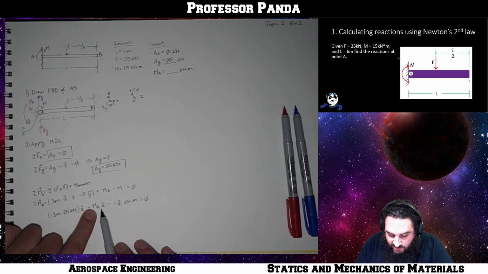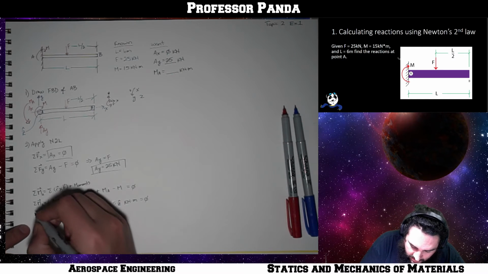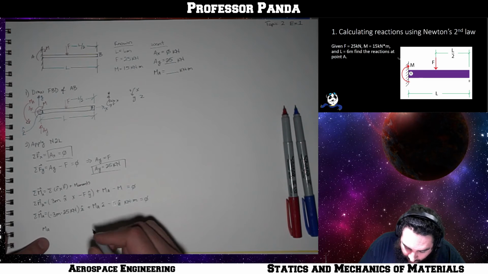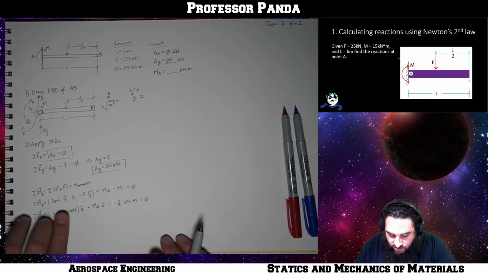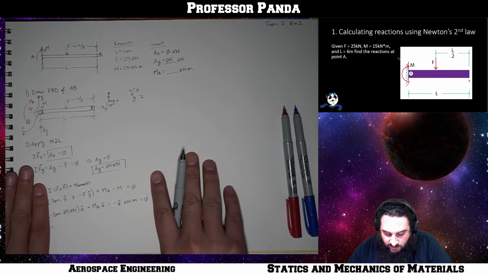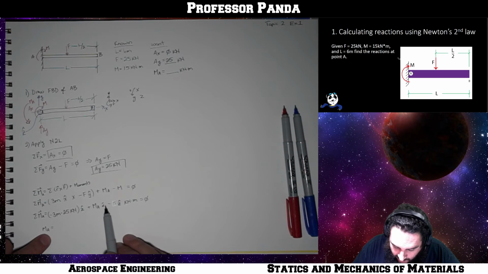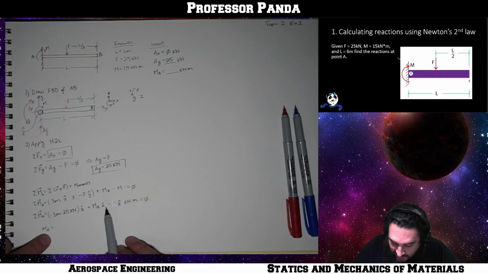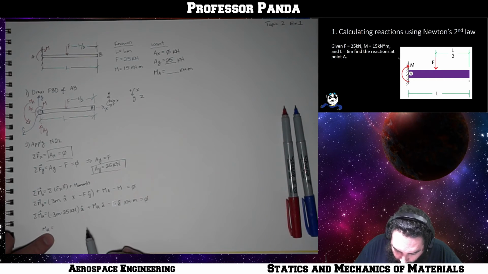So MA is positive, so it's going to stay on the left-hand side. So we'll write that down first. So I'm dropping off the summation of MAs, and I'm simply solving the right-hand side of these equations. So MA, I'm going to drop off the Z's because all these terms are going in the same direction about the Z axis. So I'll go ahead and drop that off. And so MA is positive.